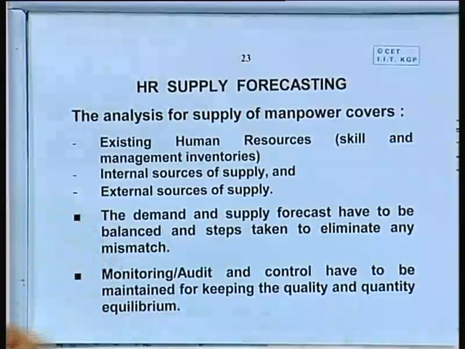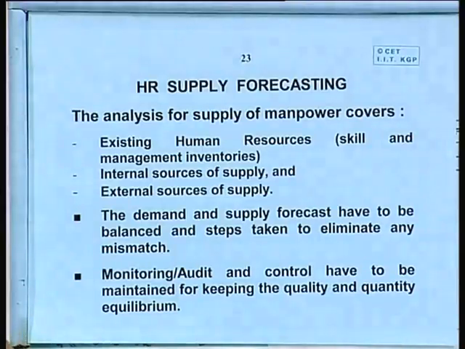Now, we come to HR supply forecasting. So, one was demand, which is the need in the organization. Next is the supply, from where you are going to get it. The analysis for supply of manpower covers existing human resources, skill and management inventories, internal sources of supply, and external sources of supply.